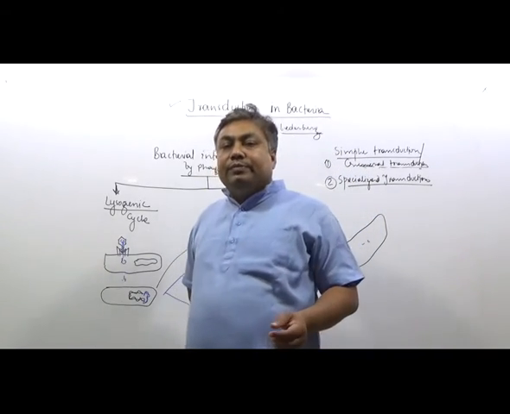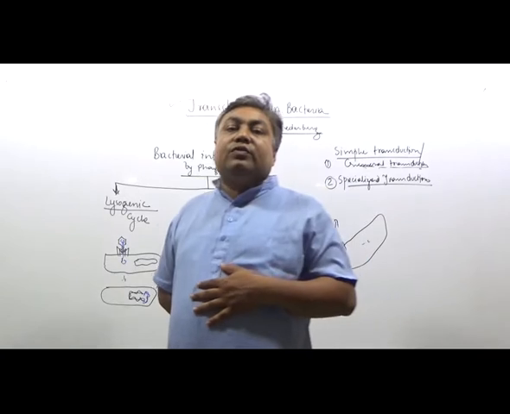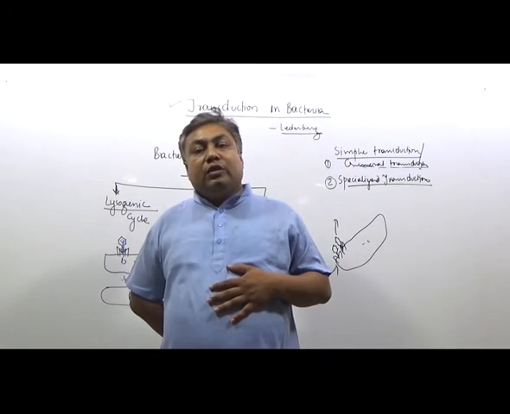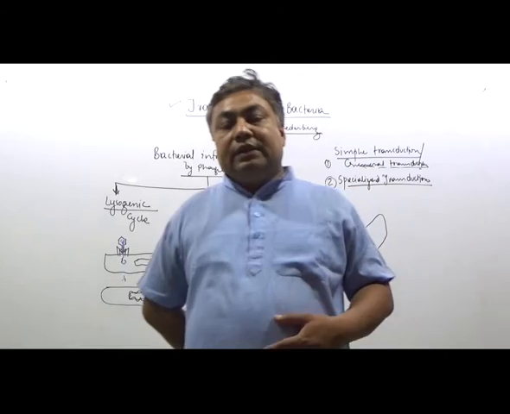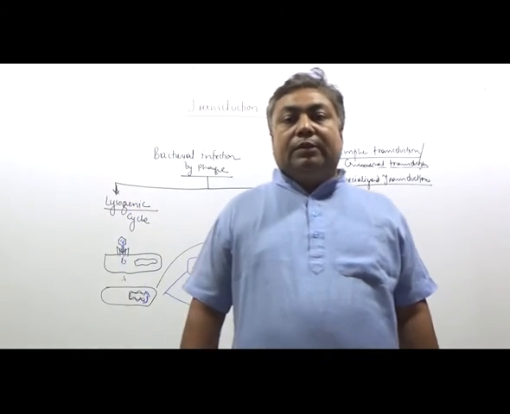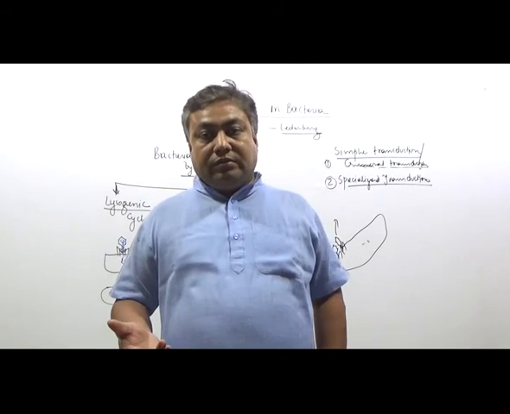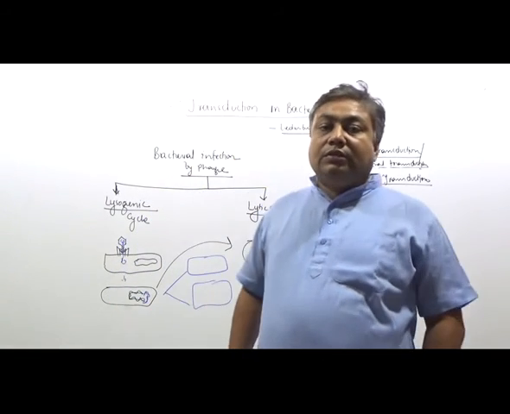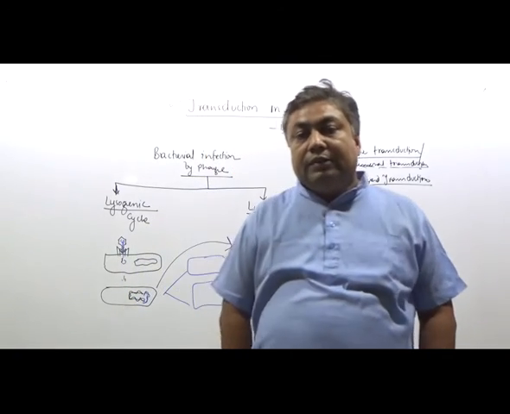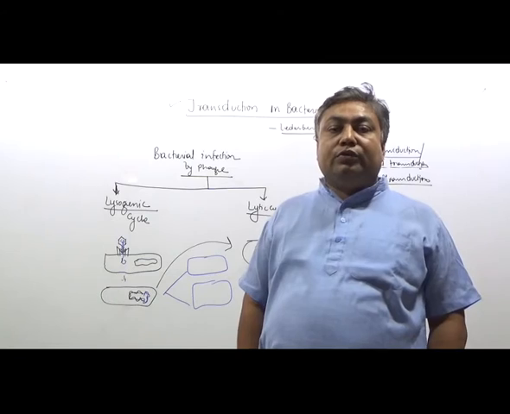For example, there is a large fauna, unicellular life forms present in our intestine, which helps us in the process of digestion and other mechanisms also. For example, Escherichia coli is present in the intestine, Giardia lamblia, the protozoa.